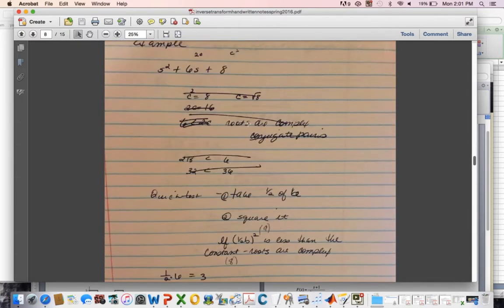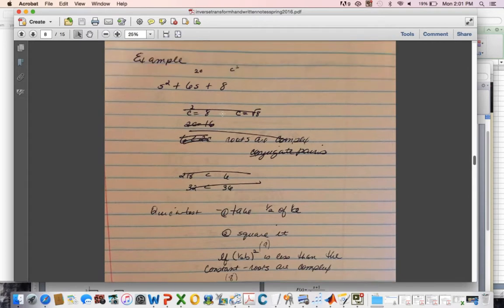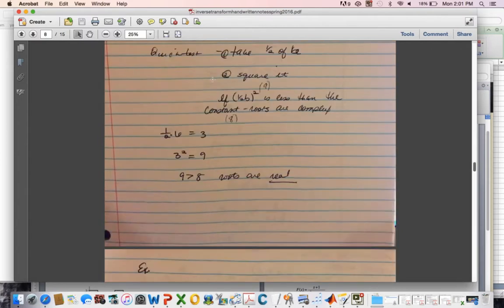So as an example, if I have s squared plus 6s plus 8, just thinking in my head, b squared minus 4ac would be 36 minus 4 times 8, and 4 times 8 is 32. So because that's a positive number, the roots are real.